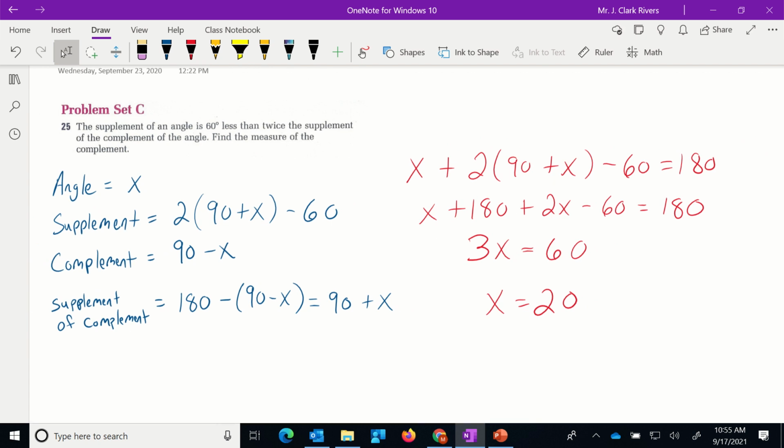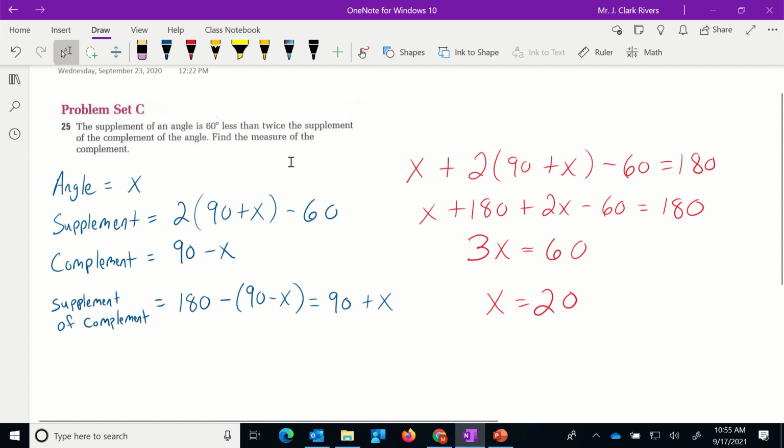Once you're finished, look up front. That's not the final answer, but it's what x is. So the equation I used is the angle x plus its supplement.